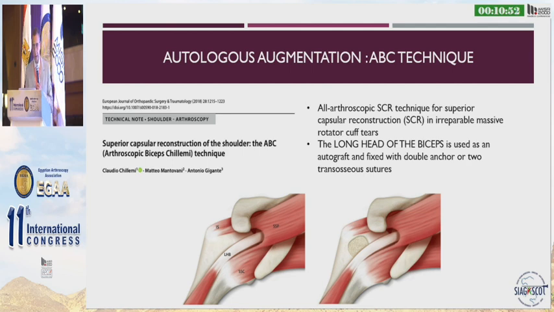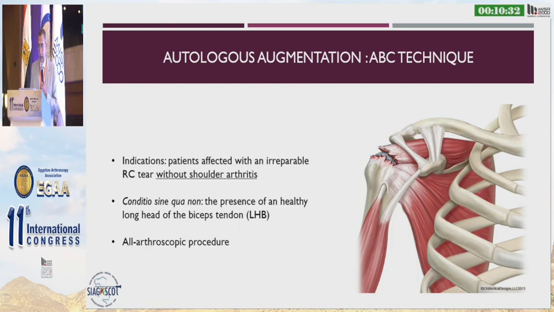A brilliant colleague from the SCR technique thought that the long head biceps, with its natural insertion on the glenoid, can be an augmentation in this kind of case. So let's see how we can do it.